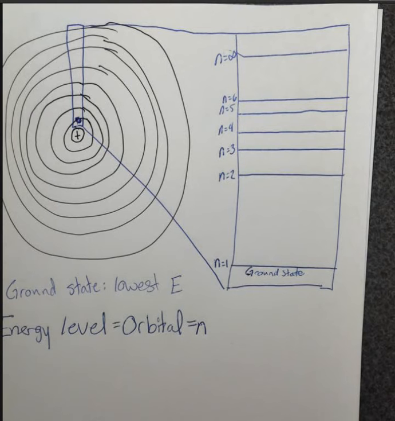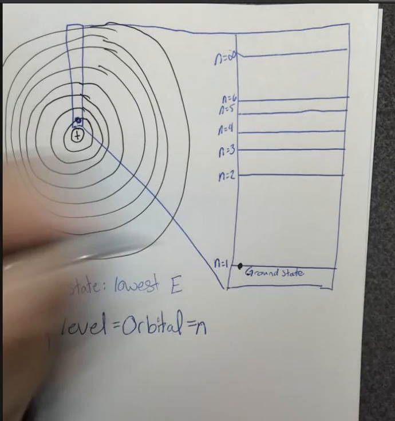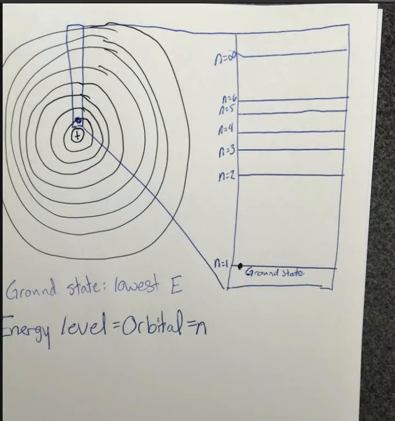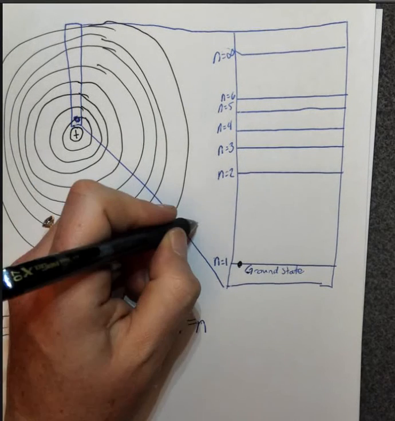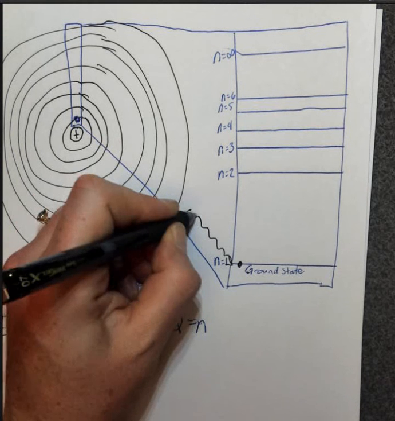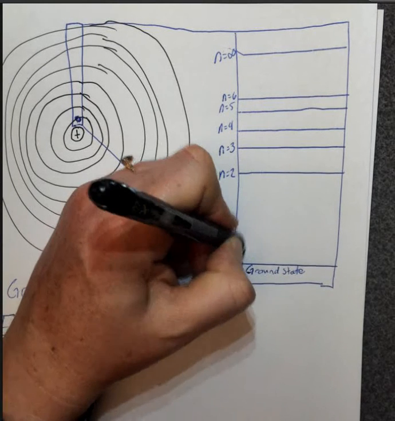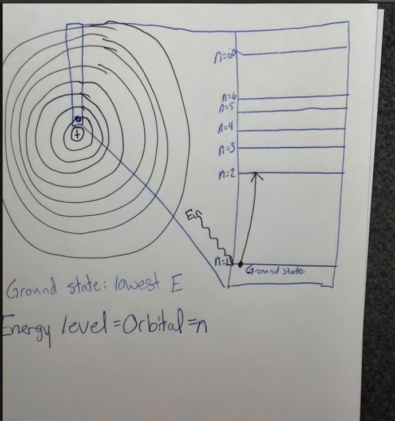Okay, so electrons can absorb energy. Remember, we said we can give an electron energy, so the electron is hanging out down here at the ground state, nice and relaxed. We can put some energy into it. If we give it a little bit of energy, it'll be like, oh! But if we give it more energy, then it could be like, whoa!